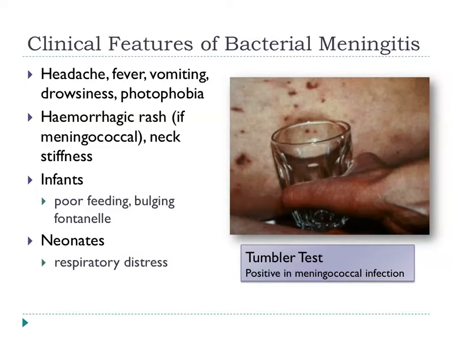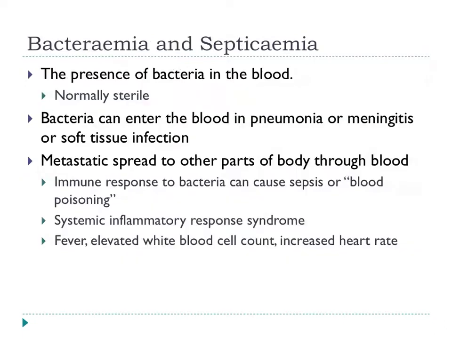We've got a bit of redundancy there because we already mentioned infants. And neonates often show respiratory distress. They find it difficult to breathe. They're breathing quickly when they have meningitis. Now, we're kind of jumping about a bit here because I have to keep introducing terms, making sure that you're getting the jargon as we go along.